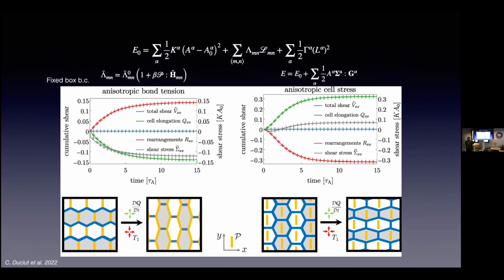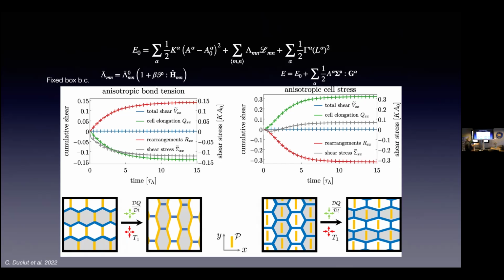Everything has to balance, and the total shear strain or shear stress has to add up to zero because the box itself doesn't shear. You don't get any shape change in the box. So essentially the T1s and the shape changes counterpose each other.